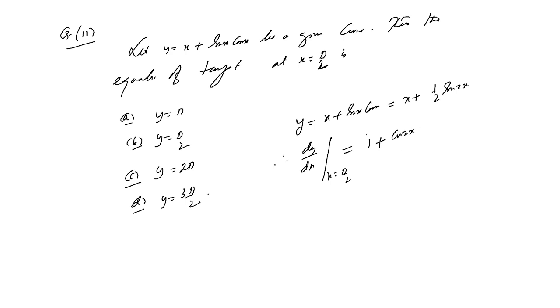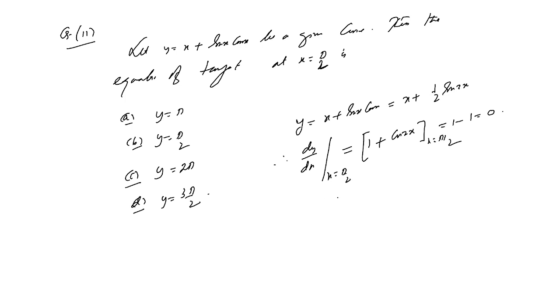So at x equals pi by 2, what should be the value? The value is basically 1 minus 1, since cos pi is minus 1, so it is basically 0.